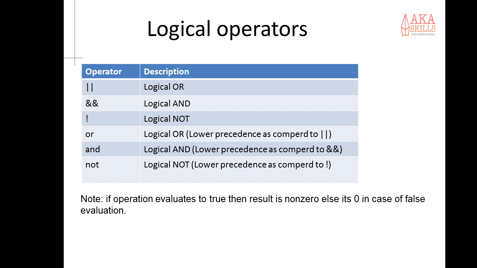So for example, you first need to check if $a is equal to 20, and also check whether $a is greater than 10. So what you're going to do is write $a is equal to 20, use a logical AND operator, followed by $a is greater than 10.